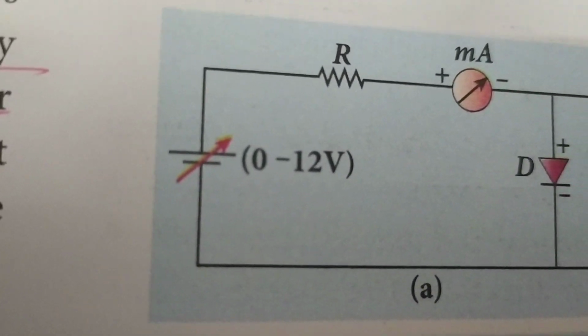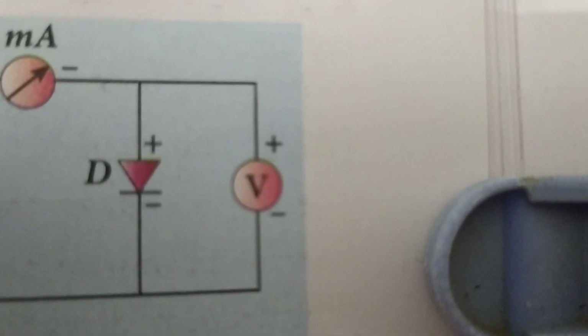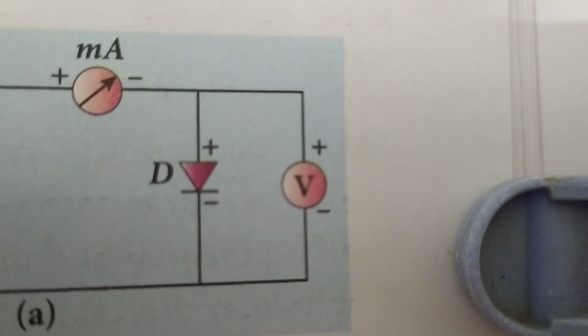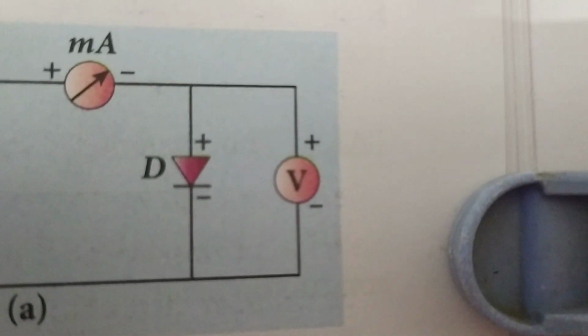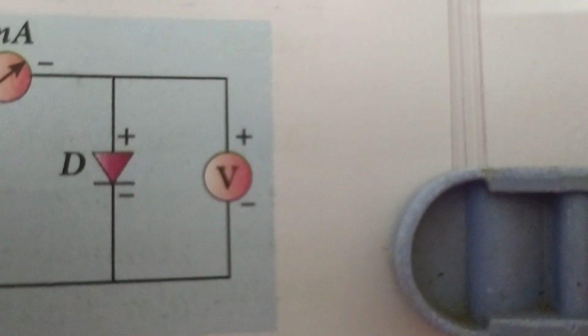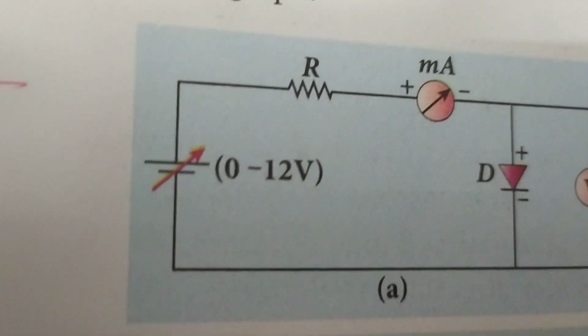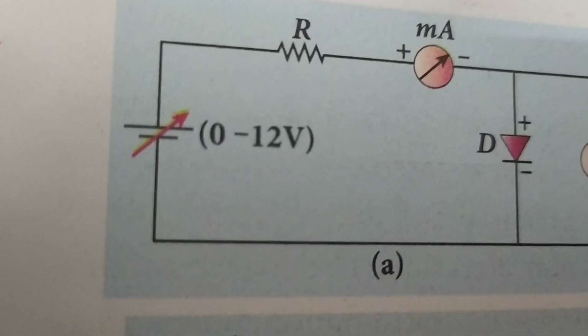You can increase the voltage from 0 to 12 volts, and this portion having a diode and an external voltage is connected with the voltmeter to measure the voltage. So this is voltmeter, diode and ammeter, external resistance, and this is power supply.